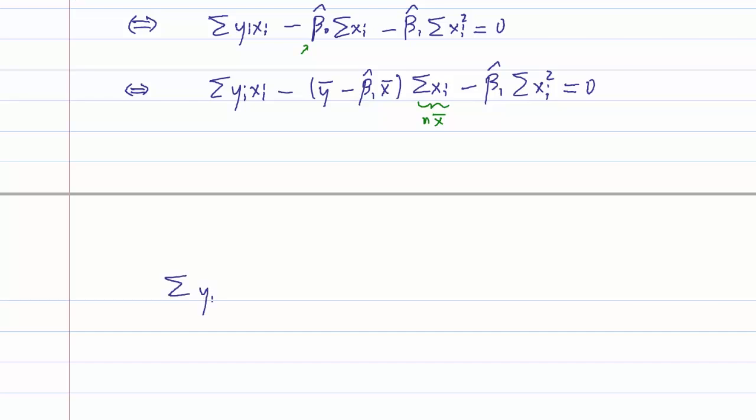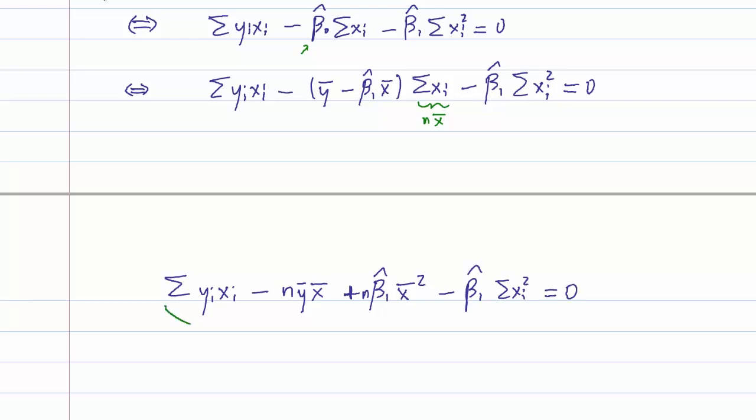Sum of yi xi minus n times y bar x bar plus beta 1 hat x bar square n times again, minus beta 1 hat, sorry, this should be a plus in the middle, so minus beta 1 hat and sum of xi square equals 0.